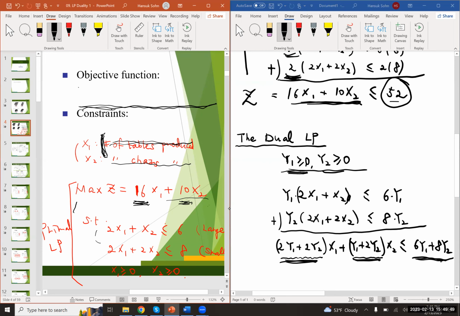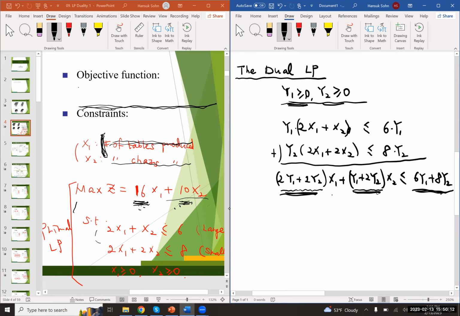As we did earlier, the corresponding coefficients of x1 and x2 must be greater than or equal to the coefficients of x1 and x2 in our objective function.